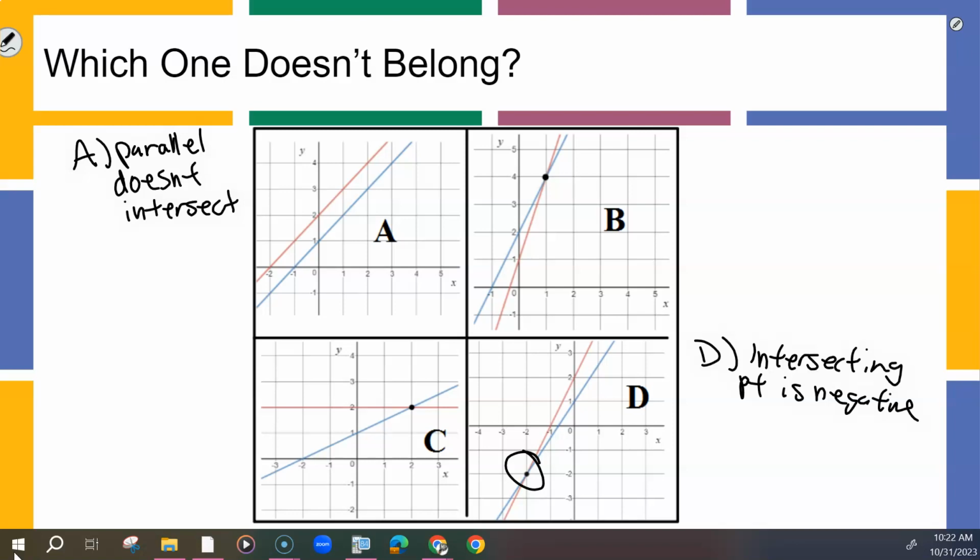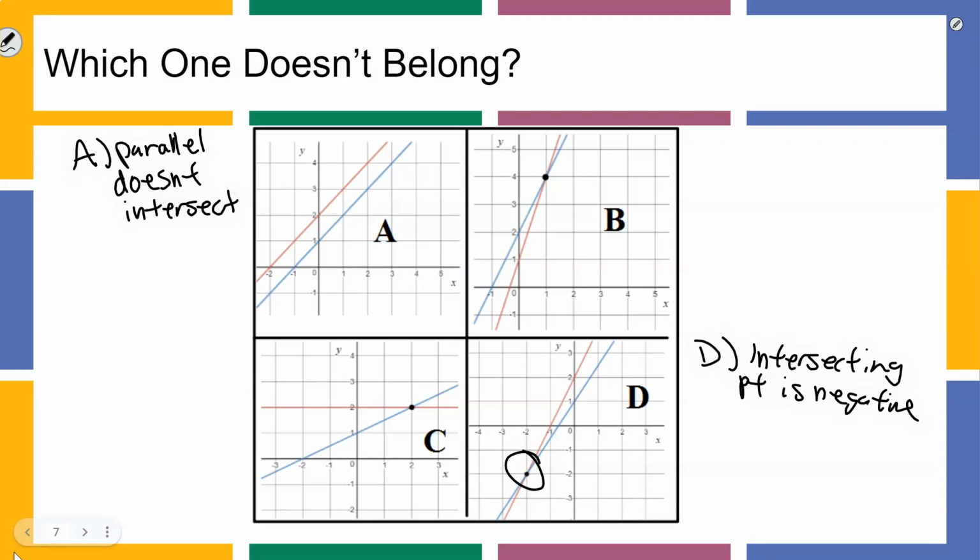Okay, so I think I understand what you're saying. You're saying this one is in the positives. Exactly, and this one starts in the positive but goes into the negative, but you're mostly talking about this line. Okay.